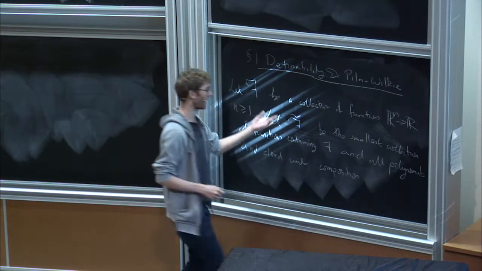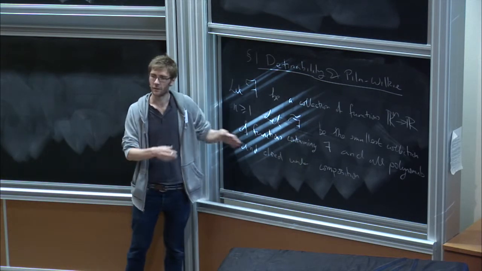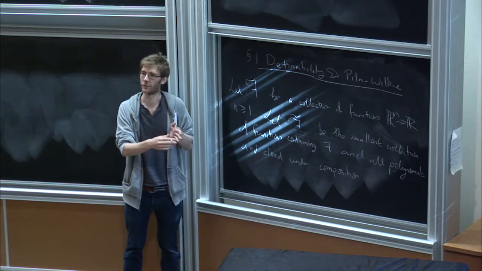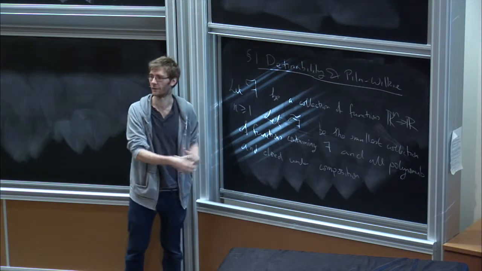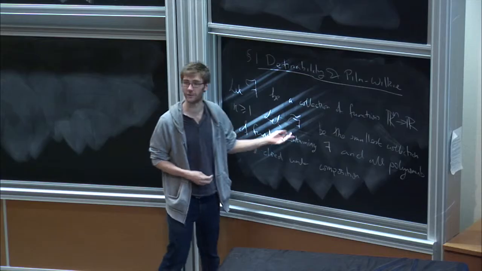So I just mean if I have a bunch of functions in here and I use them to form the coordinate functions of a map and I compose with another function, I want the composition to be in here too.